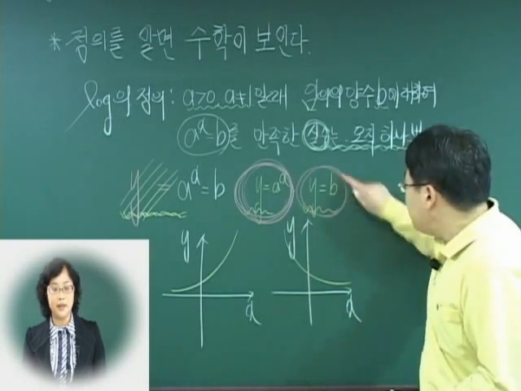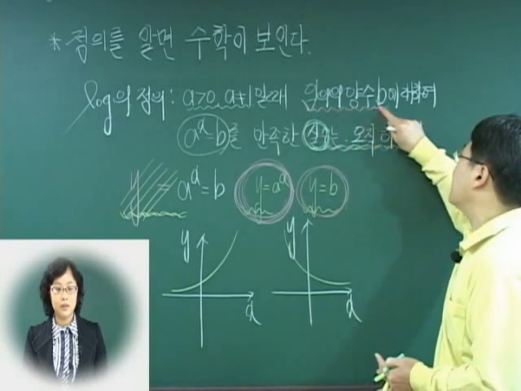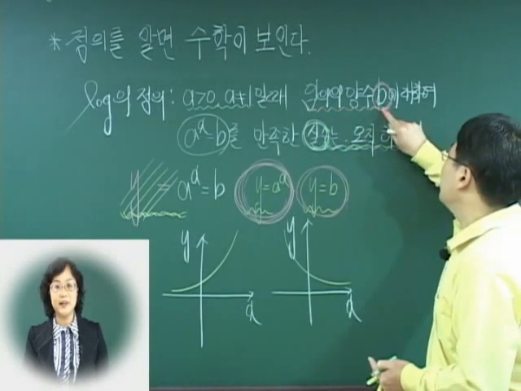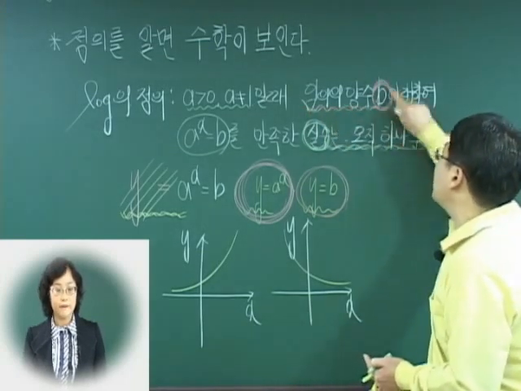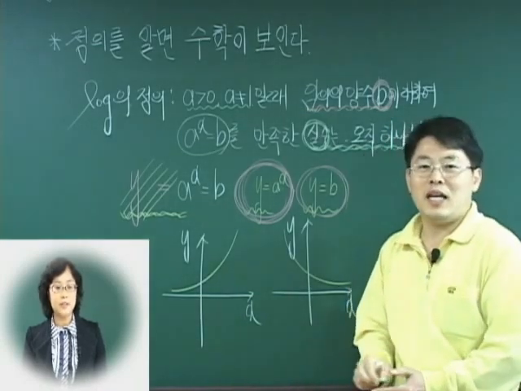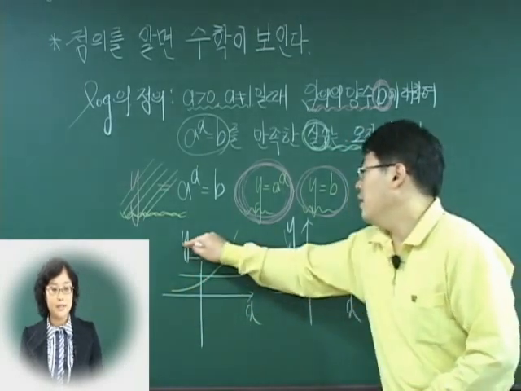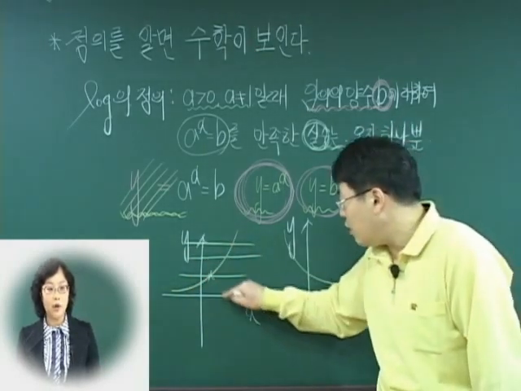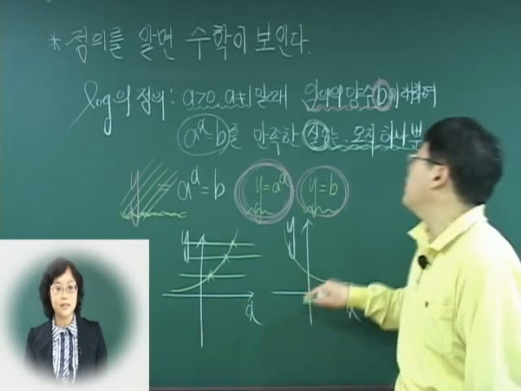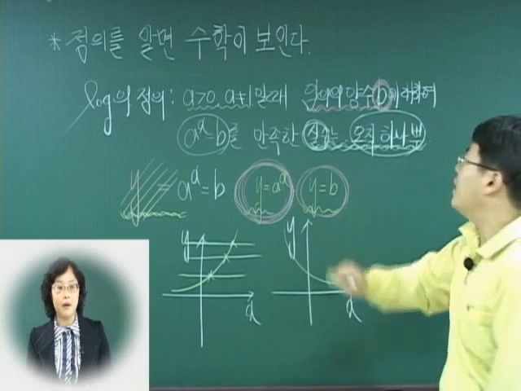Since y is b, what is b? A reference positive integer. For all the reference positive integers, let's draw lines. Let's see, do we meet at one point? Yes. Aha, there is only one real number.